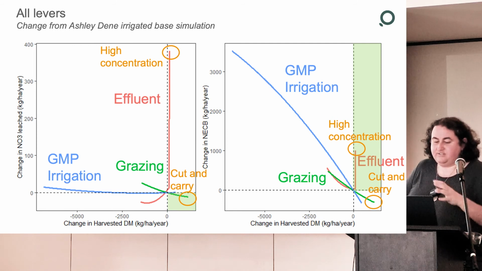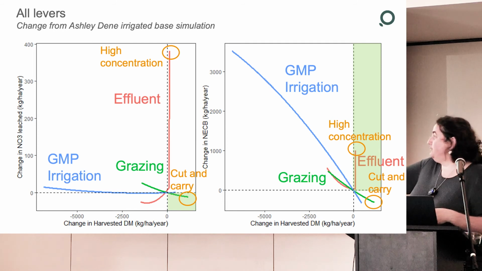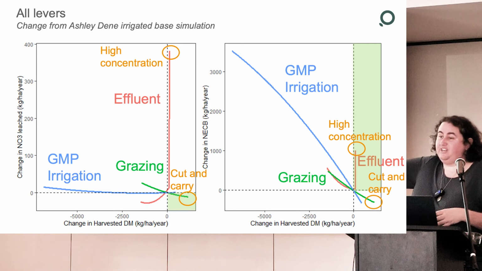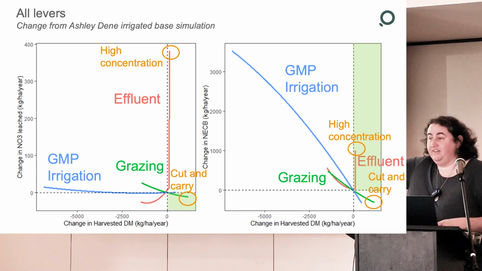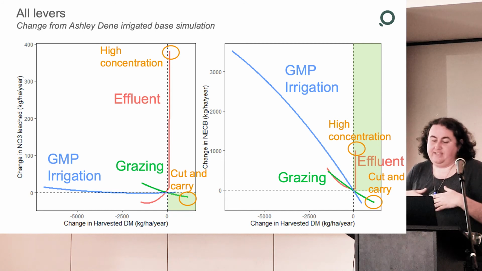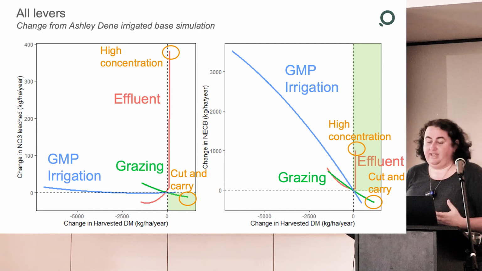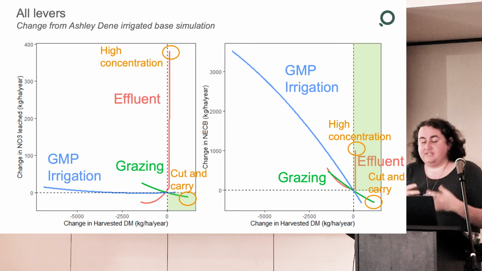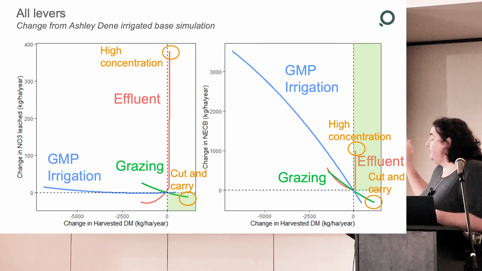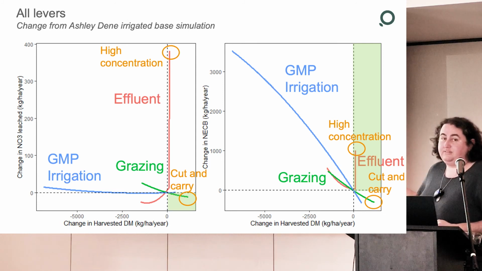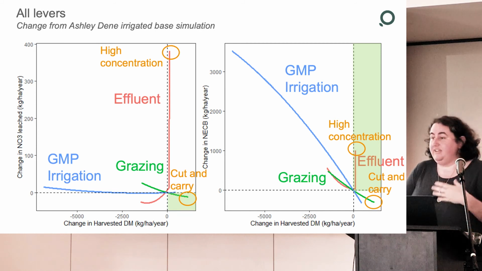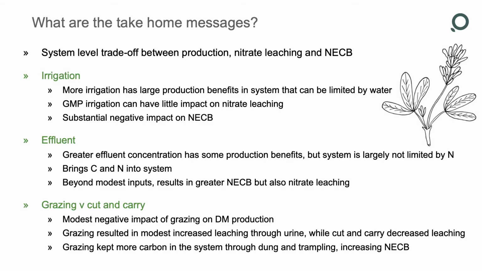And you can see in these two figures that the effluent has sort of the biggest lever in terms of leaching, and I appreciate that we've chosen quite high values, so you could say that it might be smaller. But in this system, the effluent has the biggest lever, whereas when we're talking about the net ecosystem carbon balance and the annual one, it's the irrigation that's predominantly driving that.